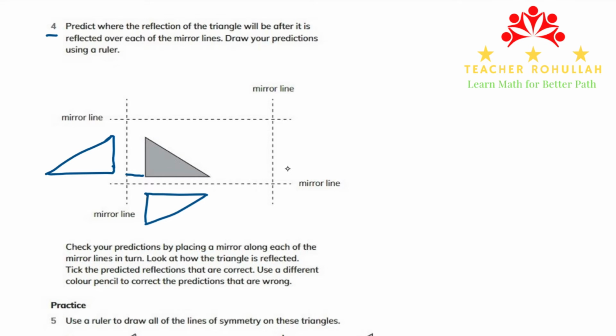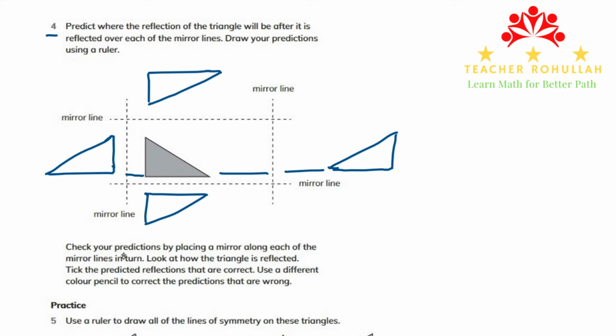And one can be here, one can be here, so we have to consider the distance, and one can be here, over here. Okay, so we could predict the horizontal and the vertical reflection of the triangle.